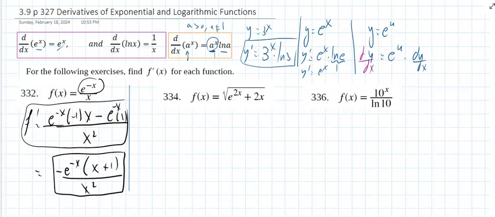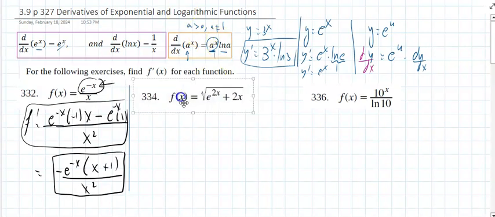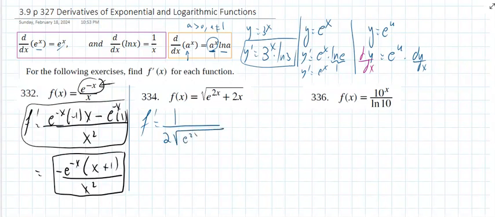And again, the rule of thumb is if you start the problem with a negative power, you could leave the answer with a negative power. Second problem I have would be f of x equals a square root. We know how to take a derivative of a square root. We agreed you're going to memorize that. 1 over twice the radical, whatever that is, by the chain rule times the derivative of the inside.